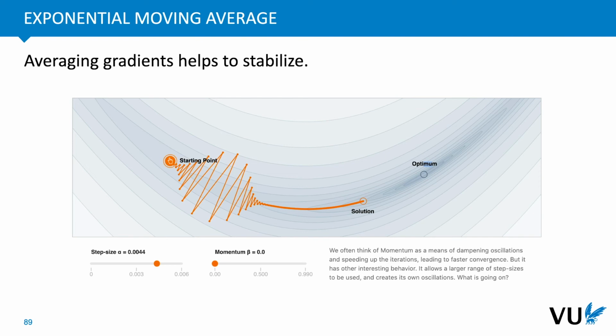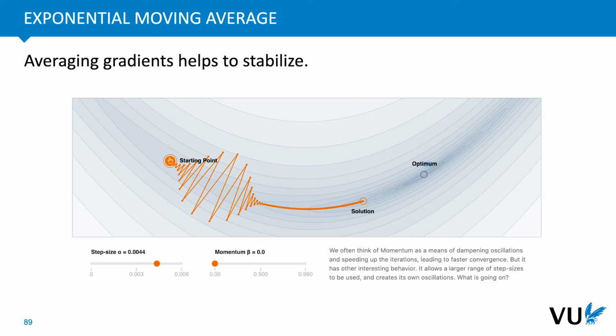Now, if we imagine in this oscillating regime, instead of taking these gradient steps, averaging a handful of gradient steps, and then taking a step in the direction of that average, we see that the oscillations will cancel out against each other, because there are as many oscillations going to the left as to the right. So in the average, those will disappear, and what will be left over is a small gradient step in the direction of the ravine. That's why averaging helps to dampen out these oscillations.